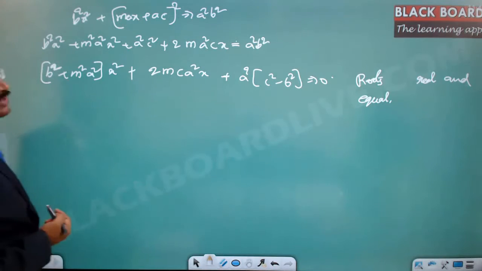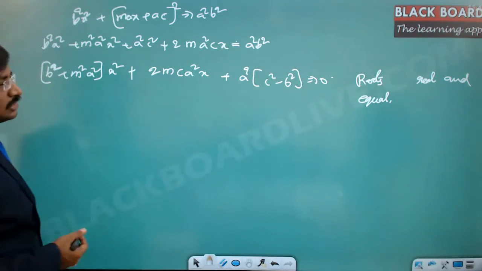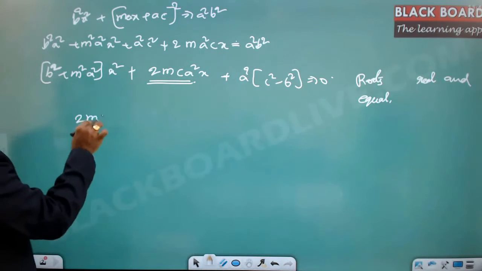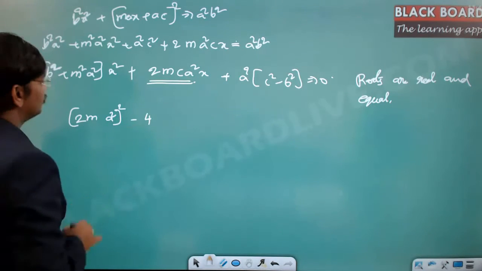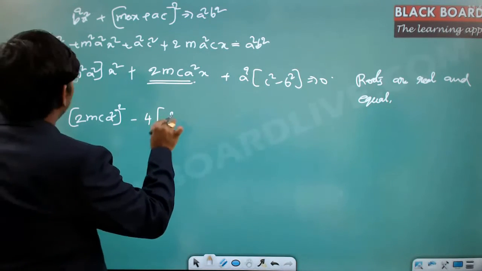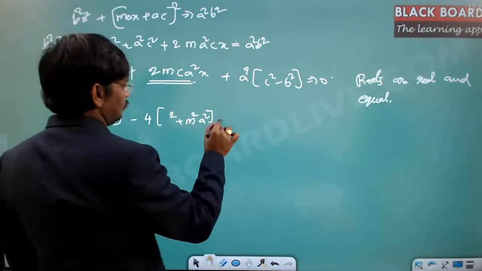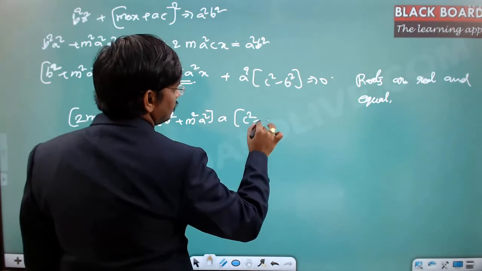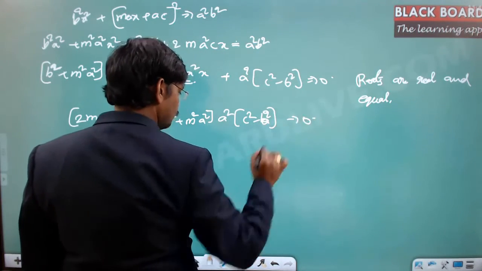In such a case, y is equal to mx plus c will be the tangent to the ellipse. If the roots have to be real and equal, then obviously b square minus 4ac should be equal to 0, where this b is the coefficient of x. So this is (2mc a square) whole square minus 4 times (b square plus m square a square) into a square into (c square minus b square) equal to 0. This is the condition.